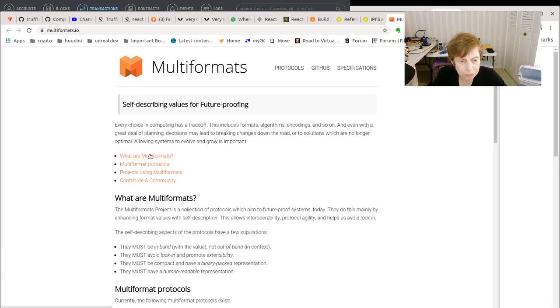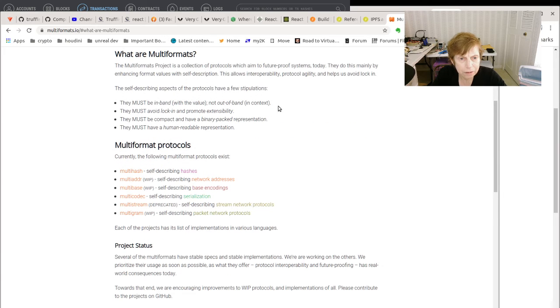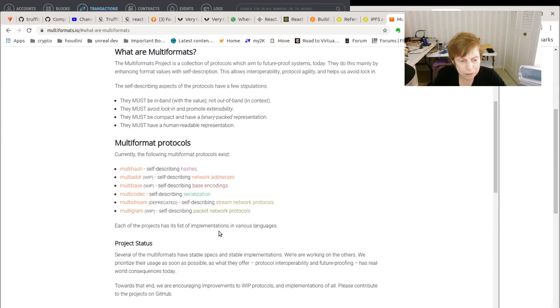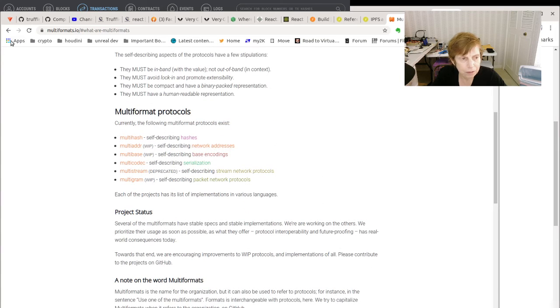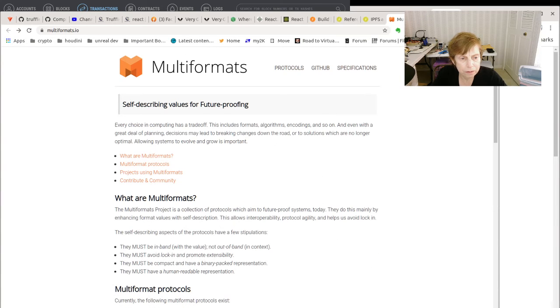So what are multiformats? So must be in band. Okay. Hashes, network addresses, basic. Okay. Let's see. Let's go back.